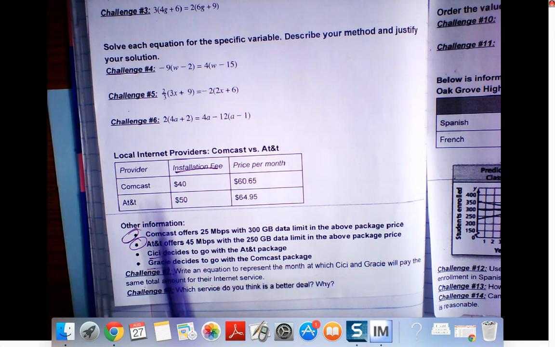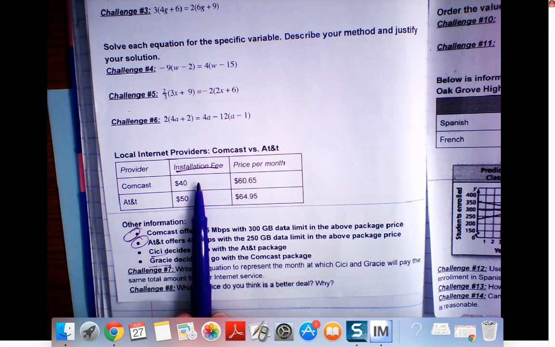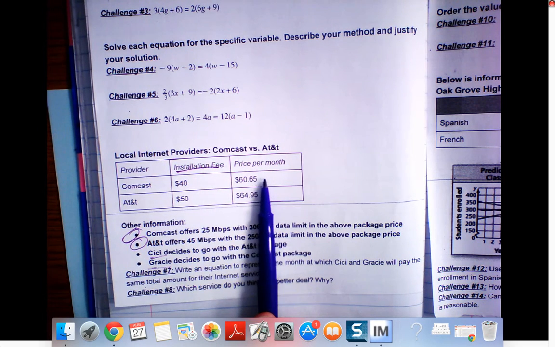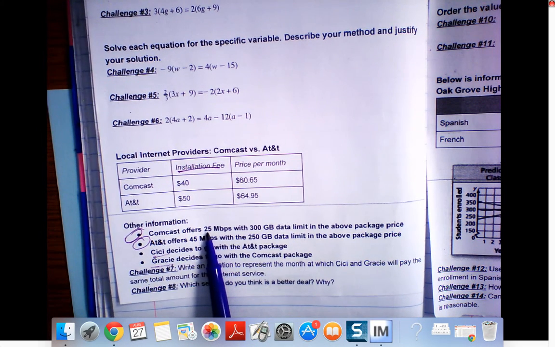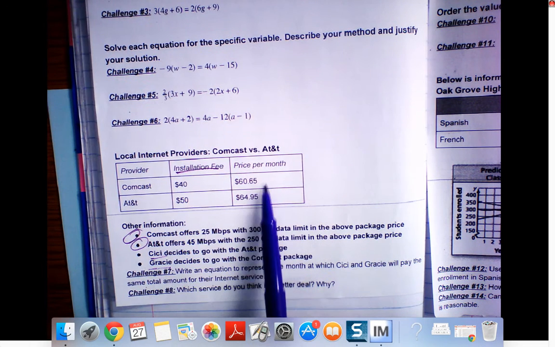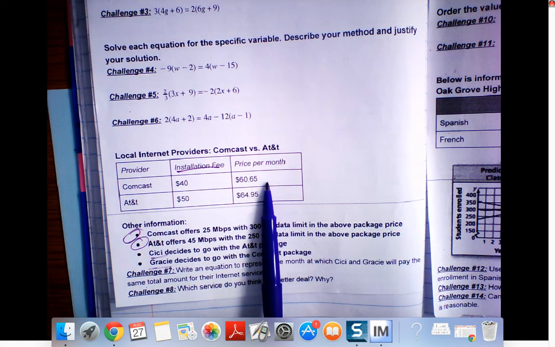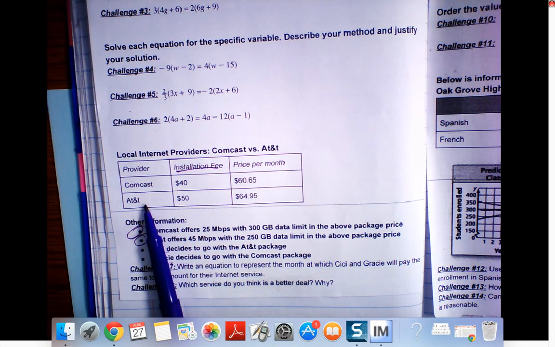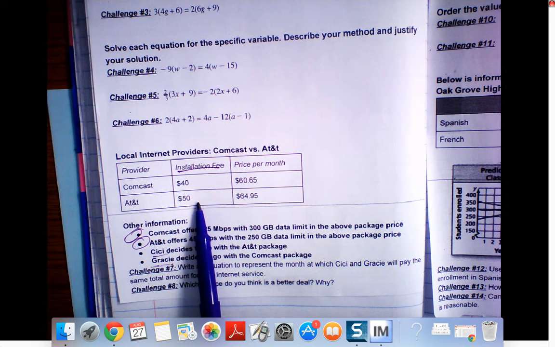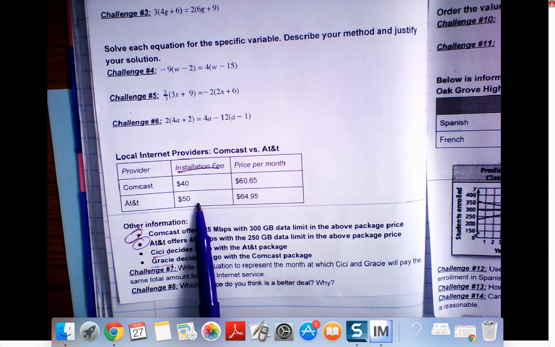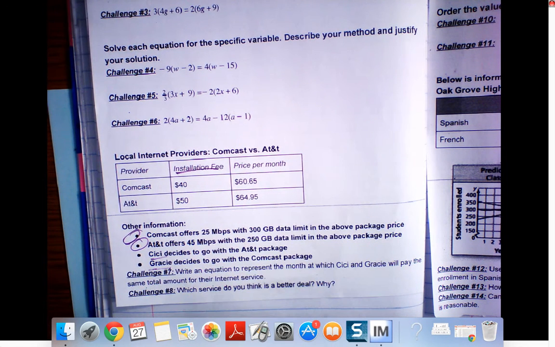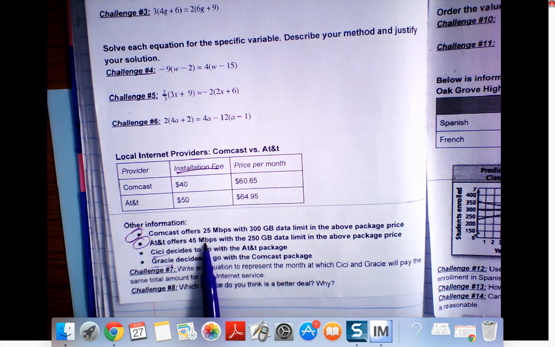If you have Comcast, you'll have an installation fee of $40, and the price per month for this specific package is $60.65. If you go with AT&T, you pay an installation fee of $50, and you pay $64.95 a month for this package here.